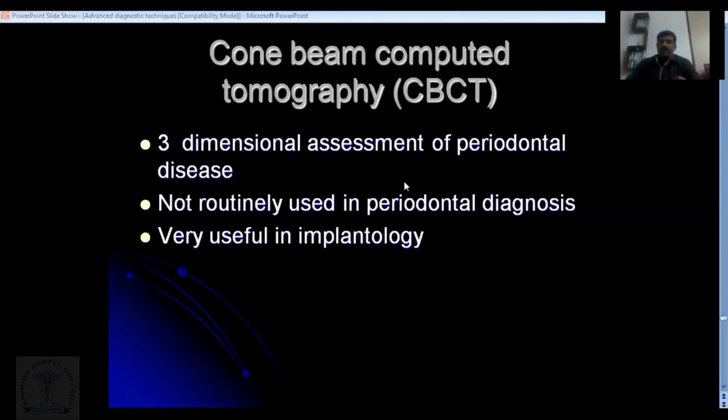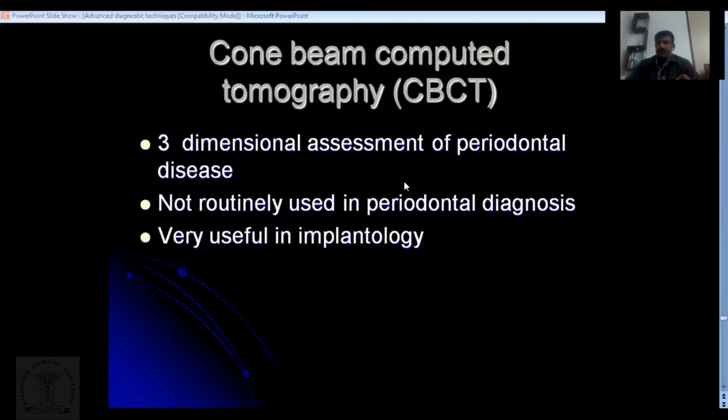So these are the different advanced diagnostic aids. One is digital radiography, second is digital subtraction radiography, third is computer assisted densitometric image analysis, and now cone beam computed tomography. So we have completed half of the advanced diagnostic aids.